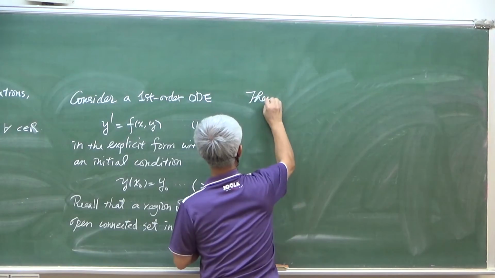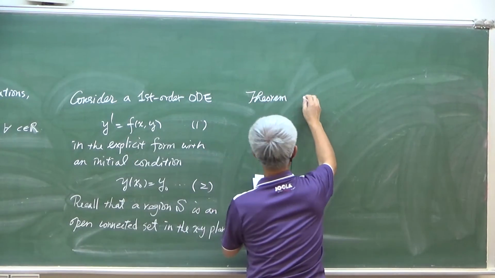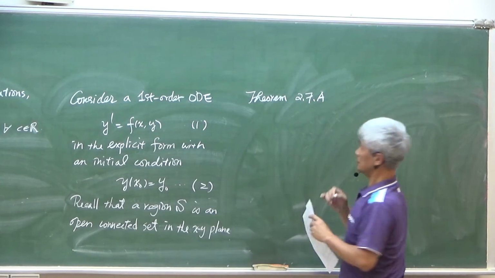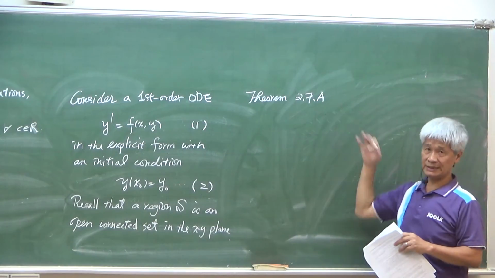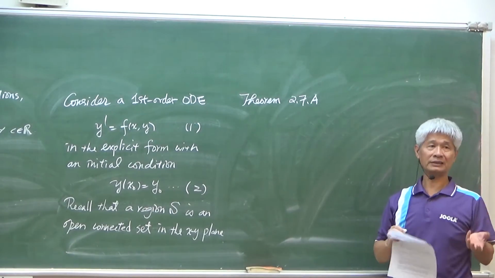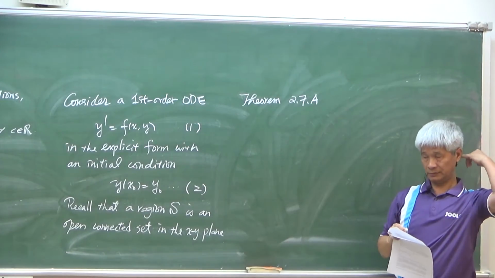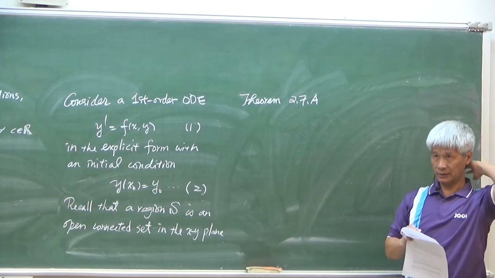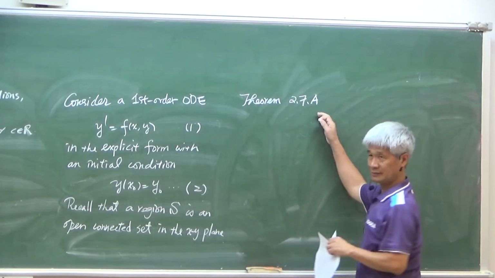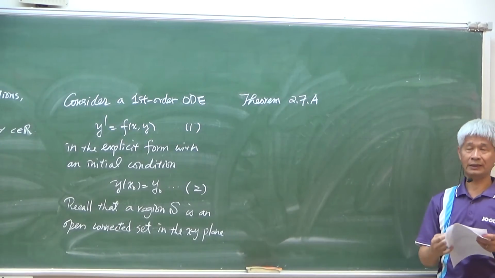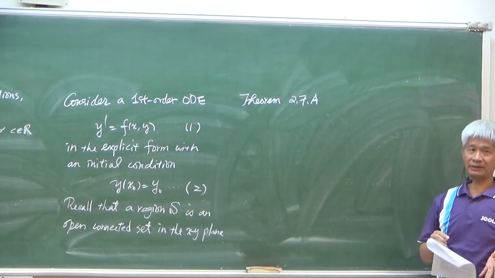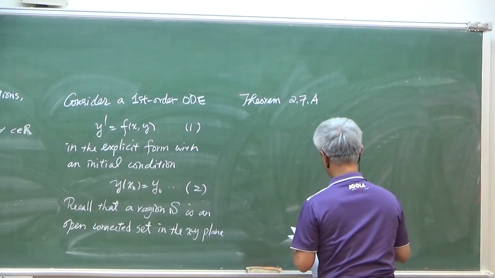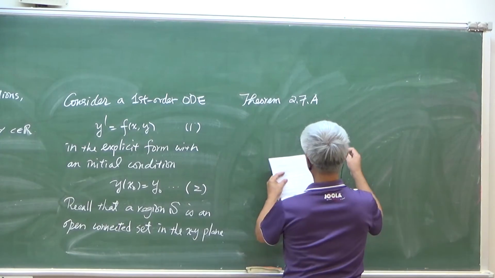Okay, so now I state a theorem. Sequence letters A, B, C, D mean extra theorems in addition to the theorems in the textbook. Quite often in later lectures, I will give extra theorems as supplements to the material in the textbook.